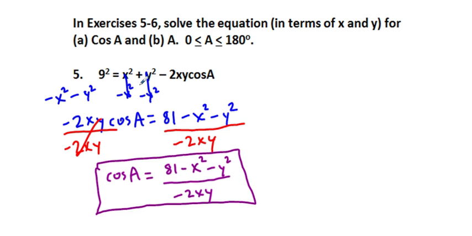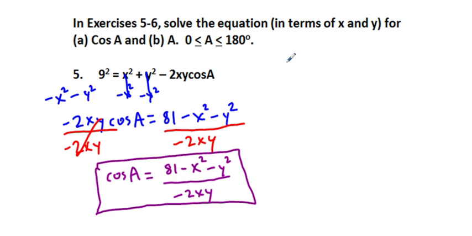And now we go to our answer to part B. Part B is like exercises 1 and 3 that we did earlier. So we're going to take the inverse cosine of both sides of this equation.